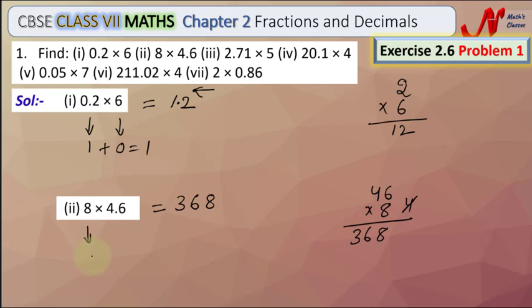In 8 we do not have any digit after the decimal point. In 4.6 we have 1 digit after the decimal point. Together we have a total of 1 digit after the decimal point. So in the result, from right to left, we keep the decimal point after 1 digit.